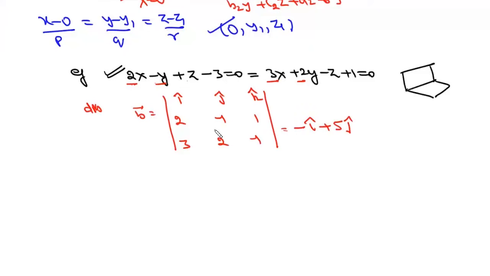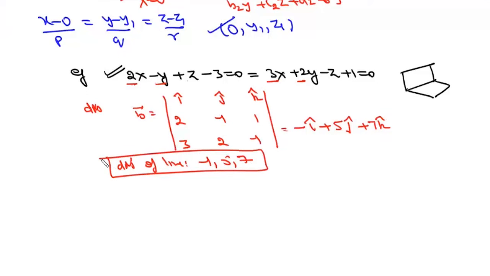And then it'll be 4 plus 3, 7, so plus 7k. So direction ratios of this line of intersection are minus 1, 5 and 7. So we have found direction ratios of this line of intersection. Now we need to find any one point, and for this we can arbitrarily choose one value. So let us choose x as 0.